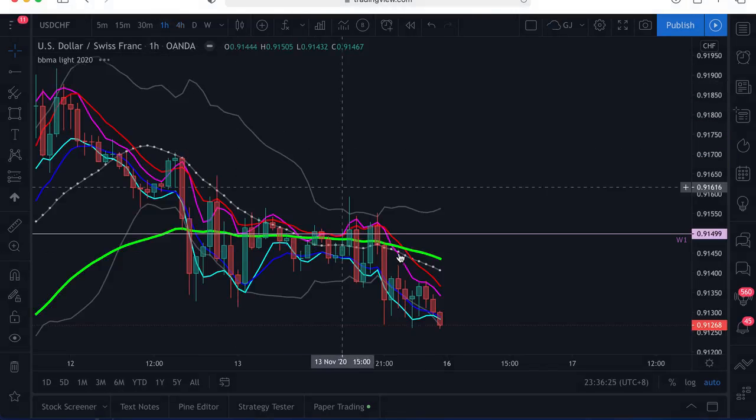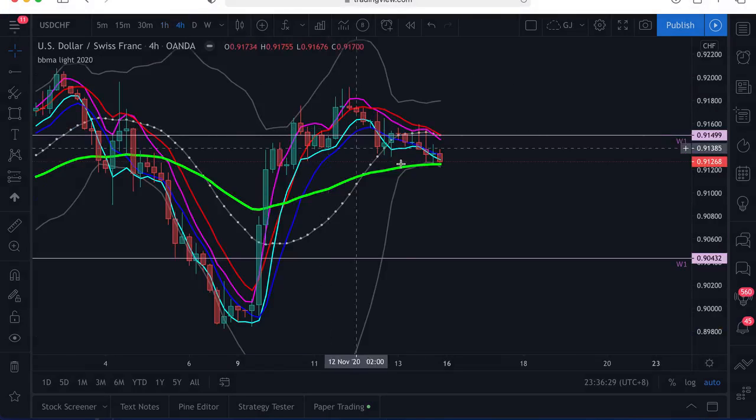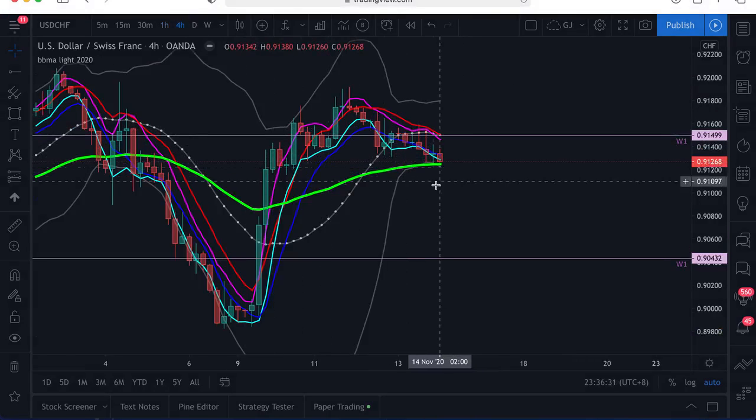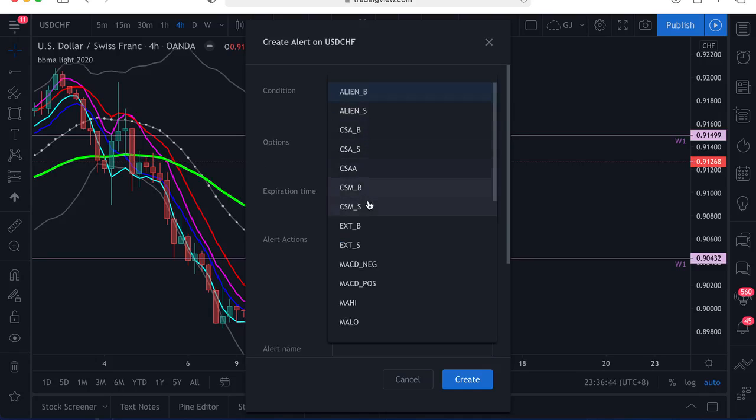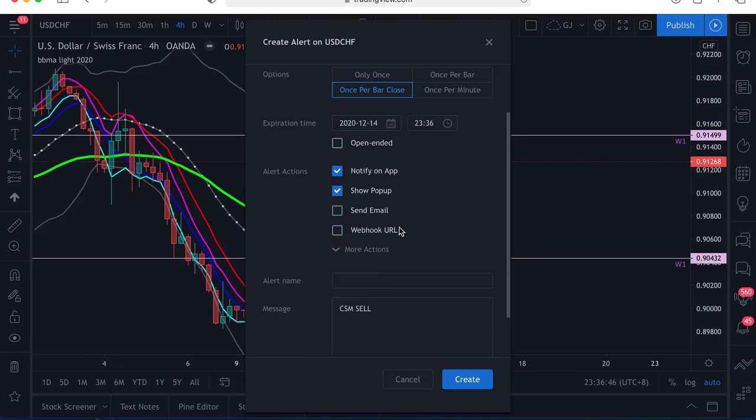So we want to look at H1. H1 already making a CSM sell. So to make our sell valid, we want to see the CSM sell and it close below this EMA 50. So set alert: CSM sell, and below the EMA 50.